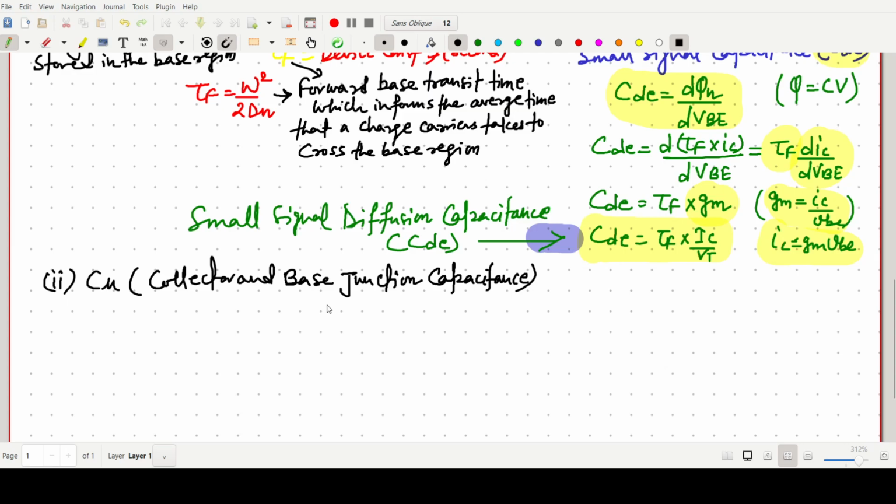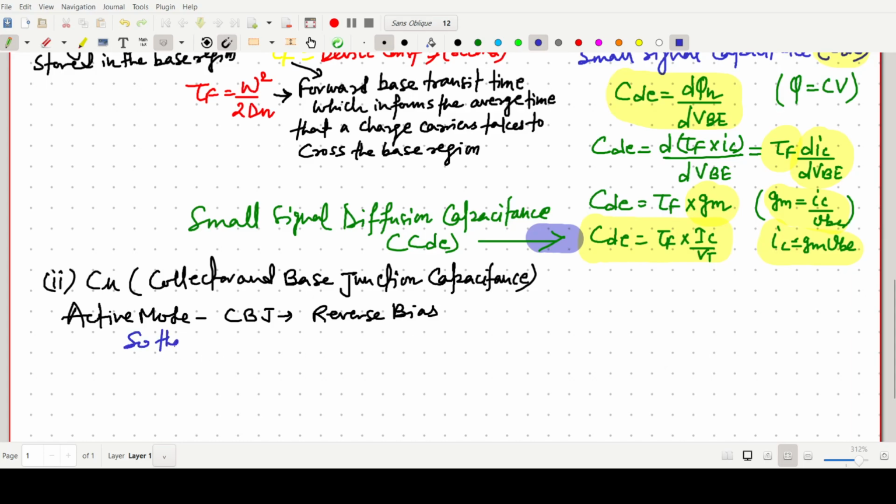In active mode, the collector base junction is in reverse bias.